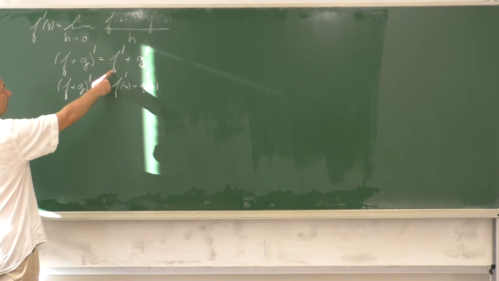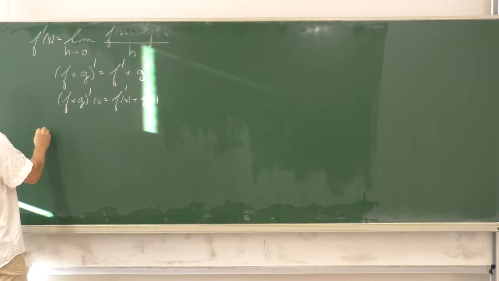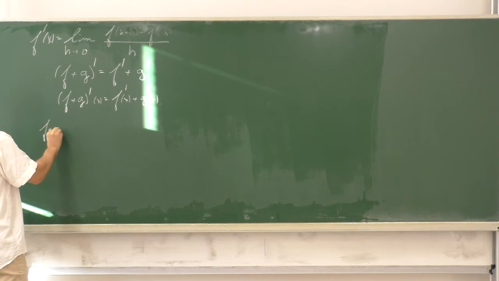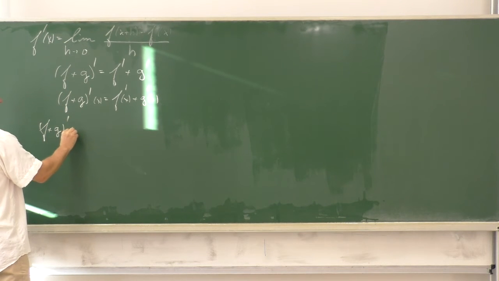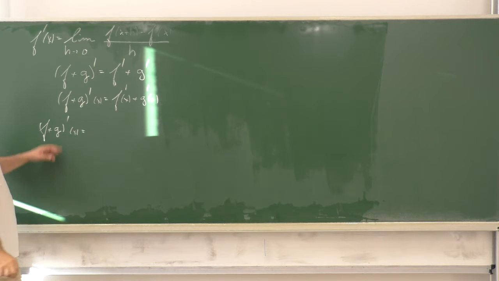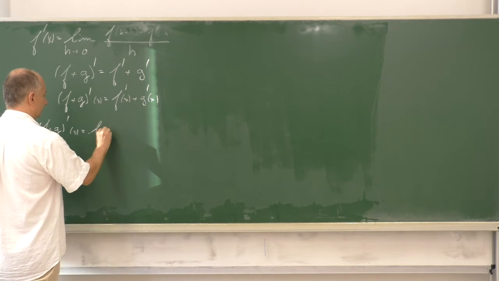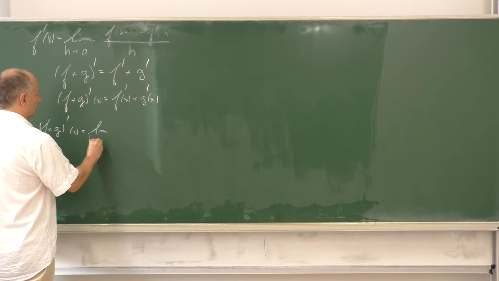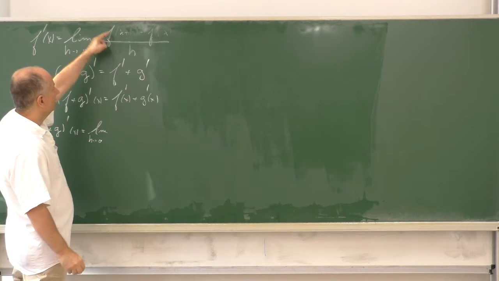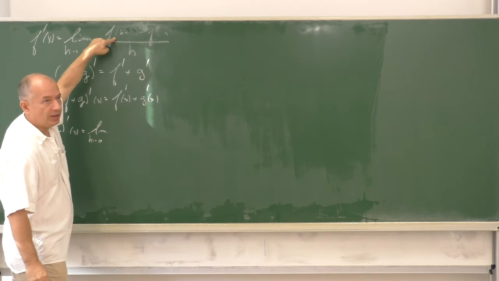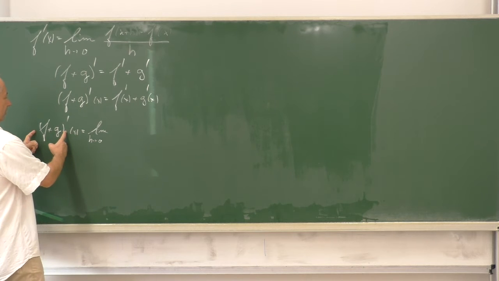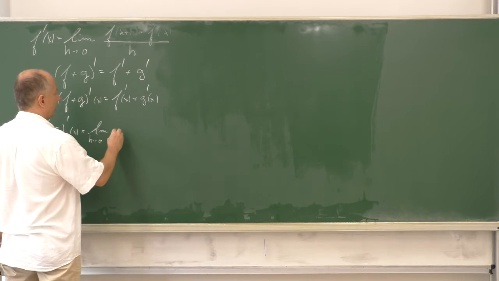So if we have two functions, f plus g, and we compute the derivative at x, the definition of the derivative is here. This is the limit of h going to 0. And here we have what we differentiate, that means this sum at the point x plus h.